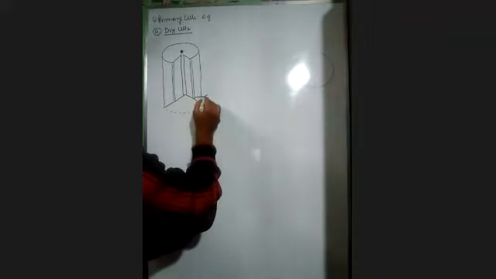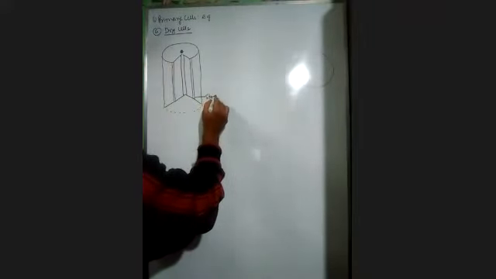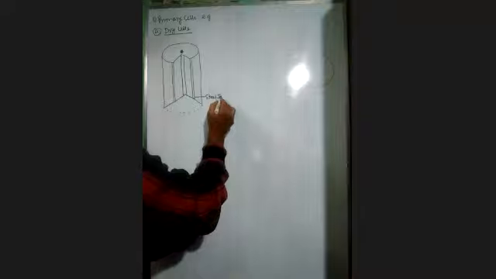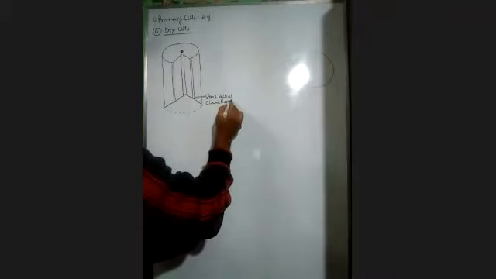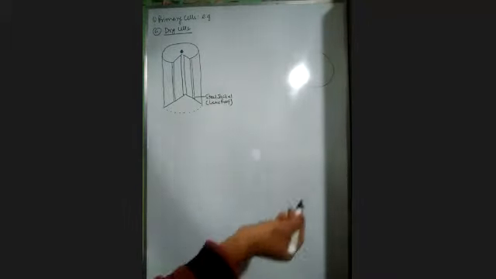Earlier, the battery was simply covered with thick paper. Now outside, they put a steel jacket. This is called leak proof. You did not draw it, or if you wish, you can draw later on.